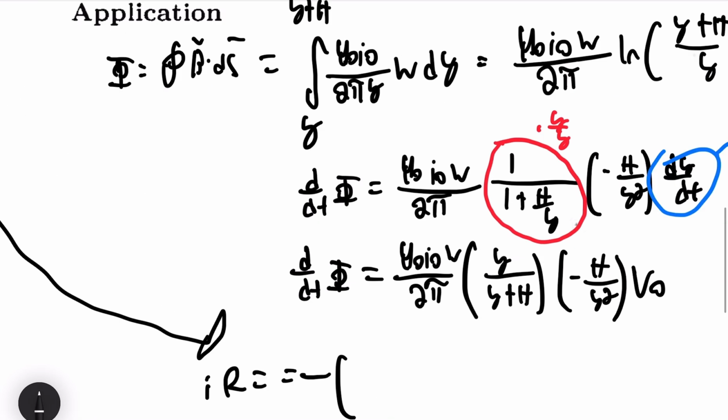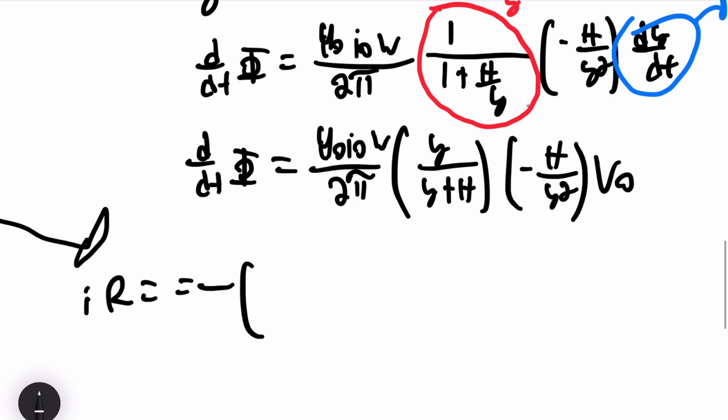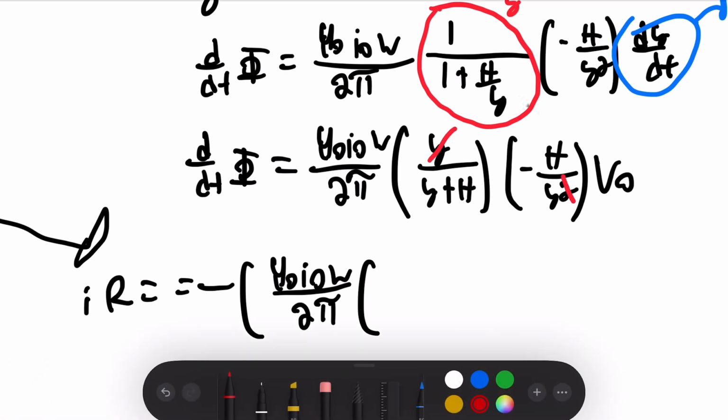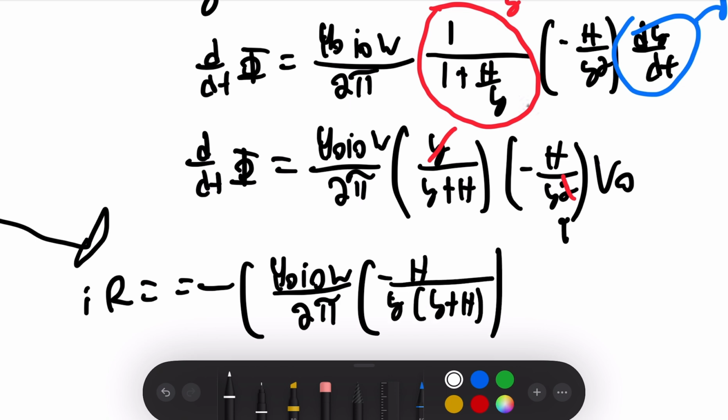And this is equal to negative, from the law, and then mu naught I naught W over 2 pi. Notice how a y up here cancels with a y down here. So this is negative H over y plus H, because I still have a y in here times this. V naught.